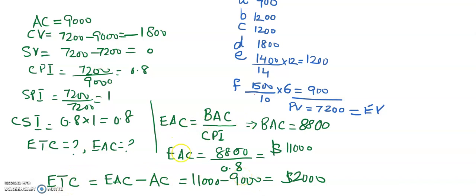There are some other formulas for calculation of EAC and ETC, but those will also result in the same values. I use these formulas because for me they are easy to remember. You just take the budget at completion divided by the cost performance index, and for the estimate to complete, you just subtract actual cost from the estimate at completion.